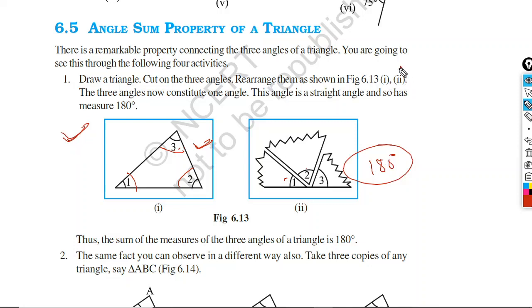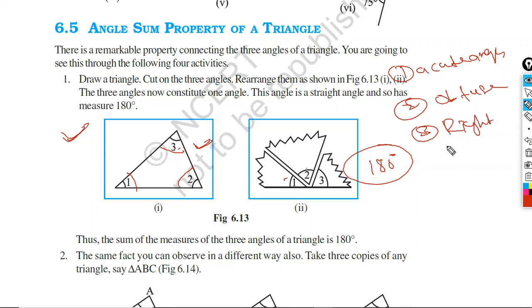First, you can try with an acute angled triangle, then an obtuse angled triangle, then third you take a right angled triangle. Three types of triangle you draw, and cut these angles and paste them like this.